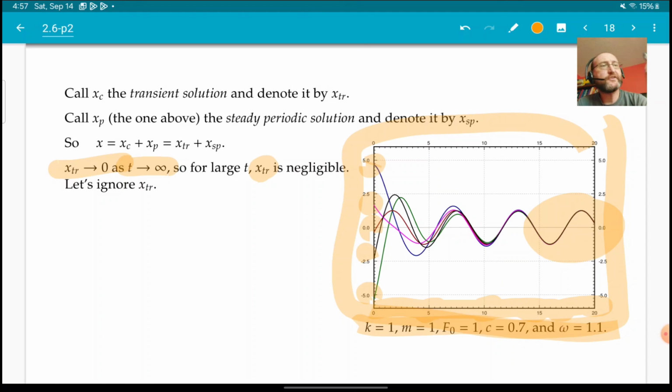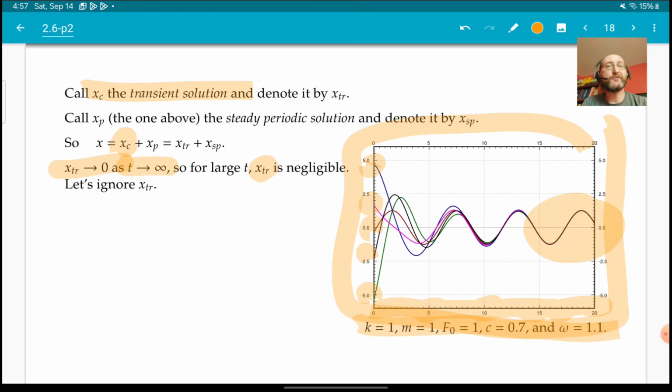Because the initial conditions are in our complementary solution, so they're in our transient solution. That guy goes away, right? So whatever those constants were that depended on the initial conditions, it doesn't matter because that part of the solution goes away, right?